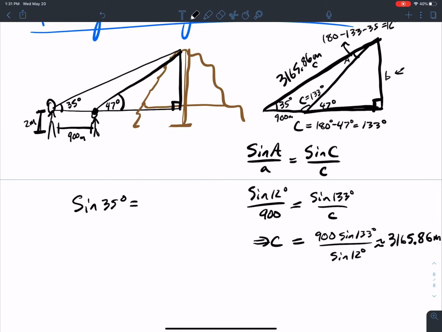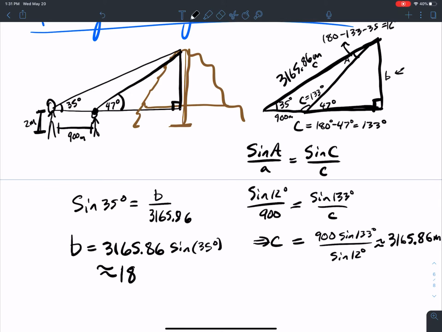So that's going to be b over 3165.86. So that tells me what b is if I multiply through. B is equal to 3165.86 times the sine of 35 degrees. Type that in my calculator, I get 1815.86 meters. So if I round to the nearest meter, that's 1816 meters.